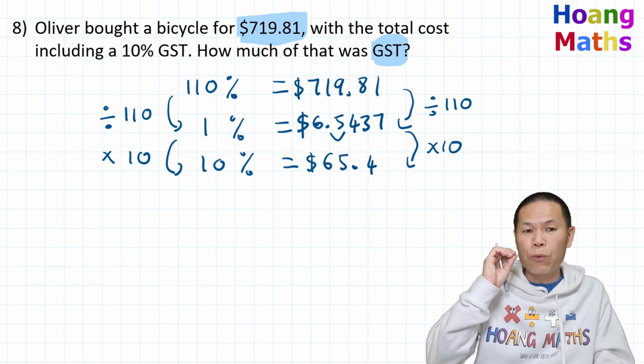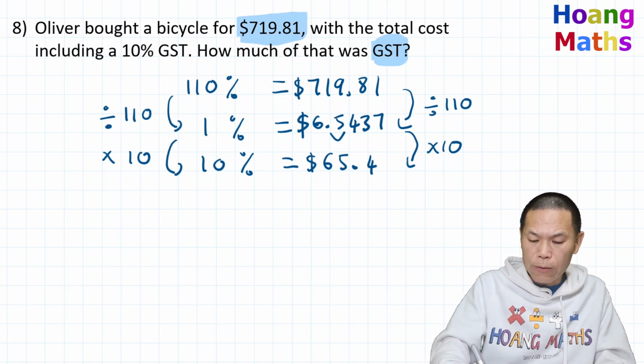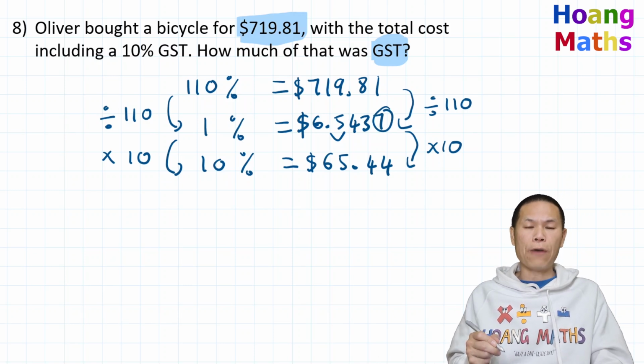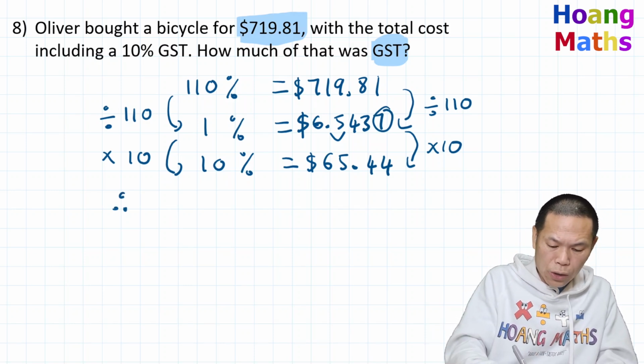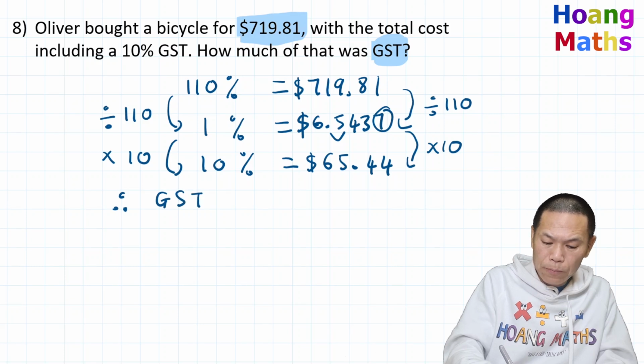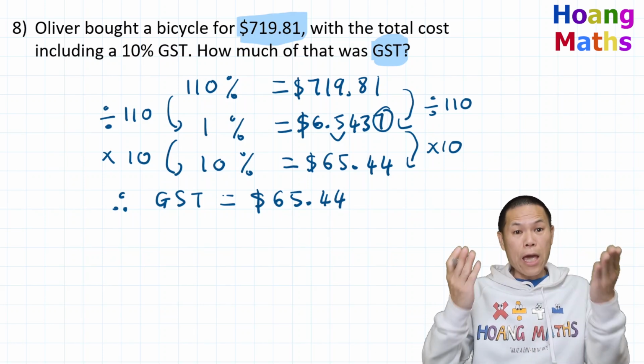But because we're dealing with money, we go correct to 2 decimal places. The next digit is 7, which is greater than 5, so we add 1 to 3. Therefore, GST is $65.44. So there you go.